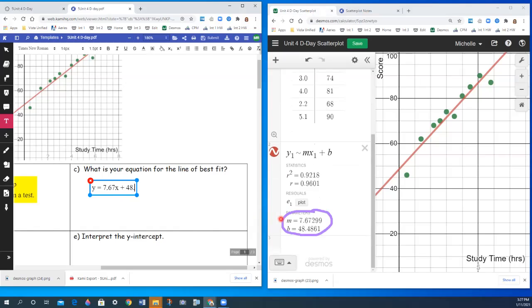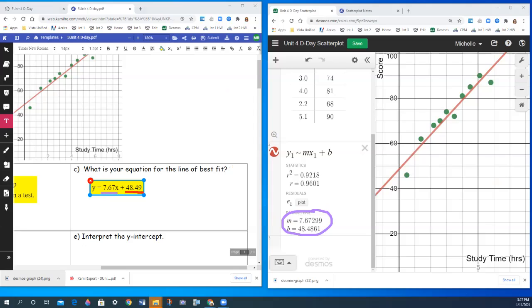The 48 is going to push up to a 49 because of that 6. And let me just fill this. Okay, so that is my line of best fit. And again, just to make sure everyone understands, because we're going to have to look at this in a second, this is my slope. And this is my y-intercept.